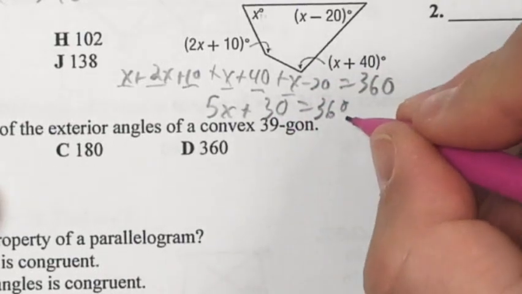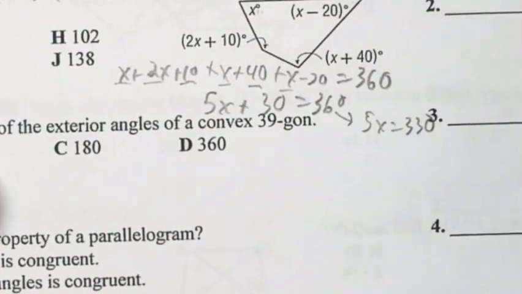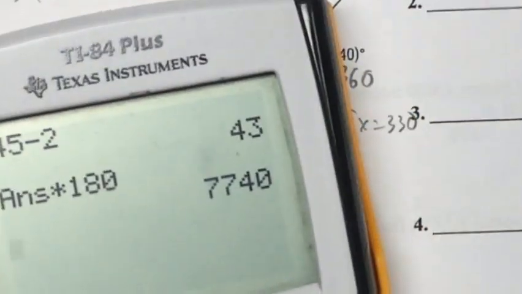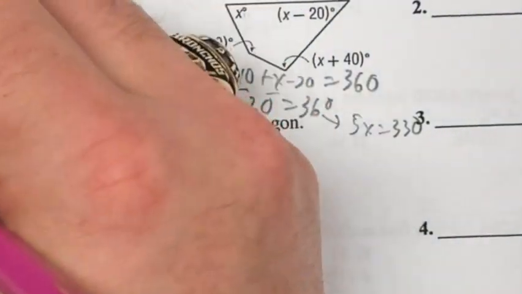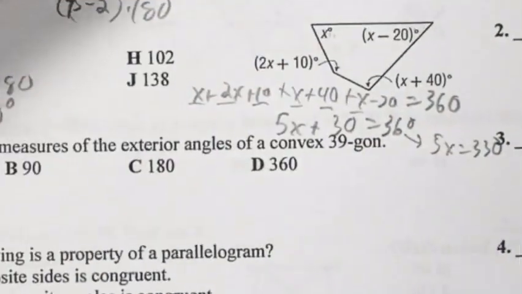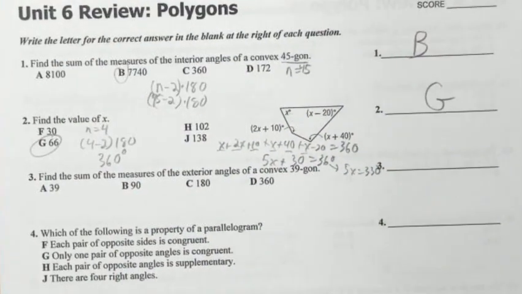Subtract the 30 on both sides. That gives me 5x equals 330. Now divide both sides by 5. Gives me 66, which matches up with answer G. And I'm going to go ahead and write my answer G over here on the side.